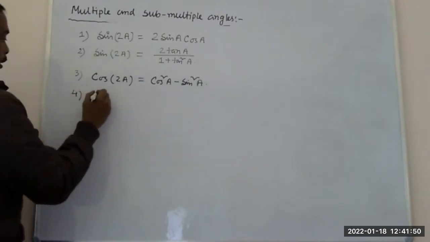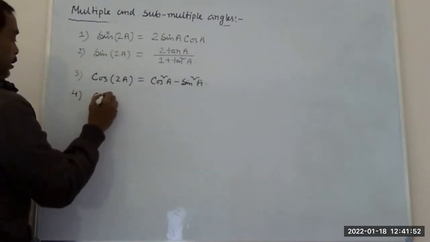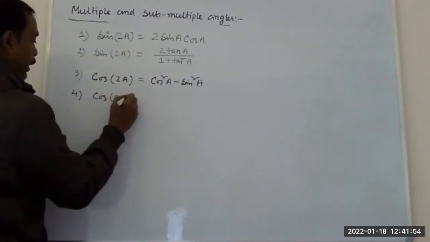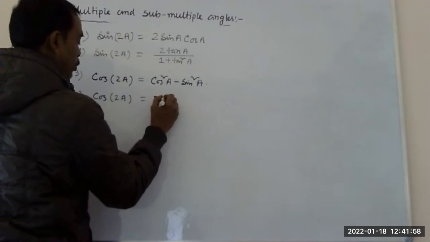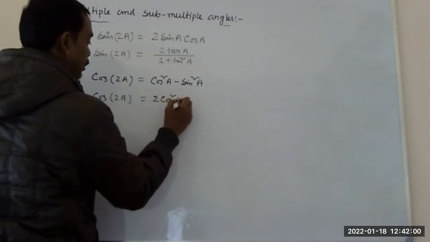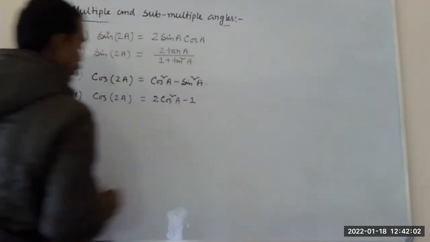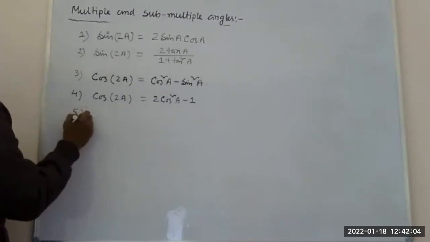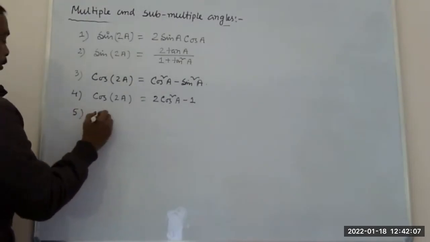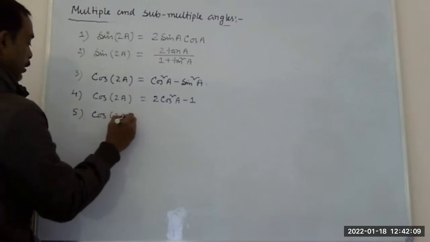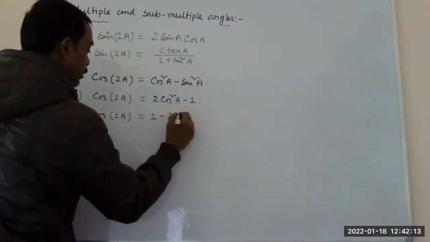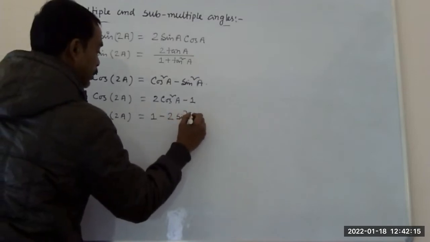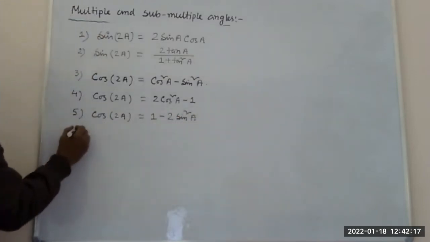Number four, cos 2a can be written as 2 cos square a minus 1. Again, this cos 2a can be written as 1 minus 2 sin square a.